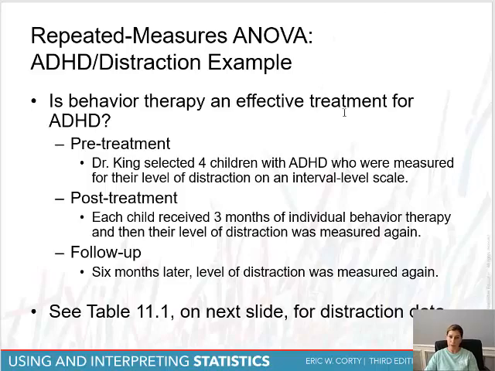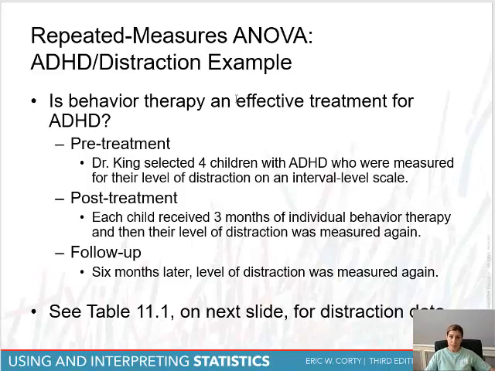The question that we're going to ask is whether behavior therapy is an effective treatment for ADHD. So the idea in this example is that we have a therapist who's interested in looking at whether behavioral therapy can reduce distractibility in children who have ADHD. And so the idea is that this therapist has access to a population of children who have ADHD.